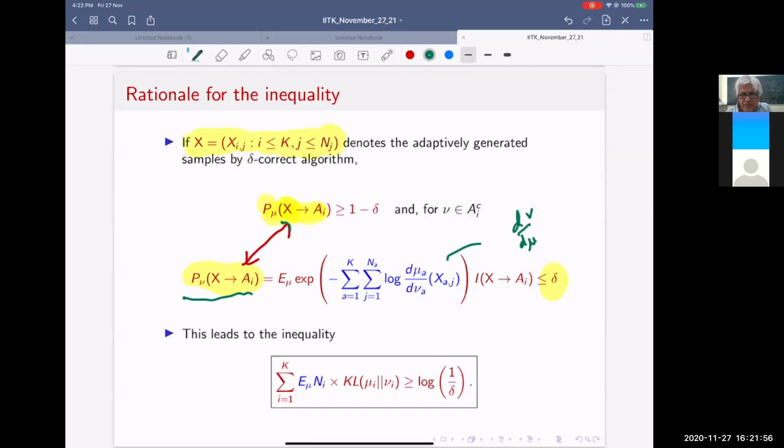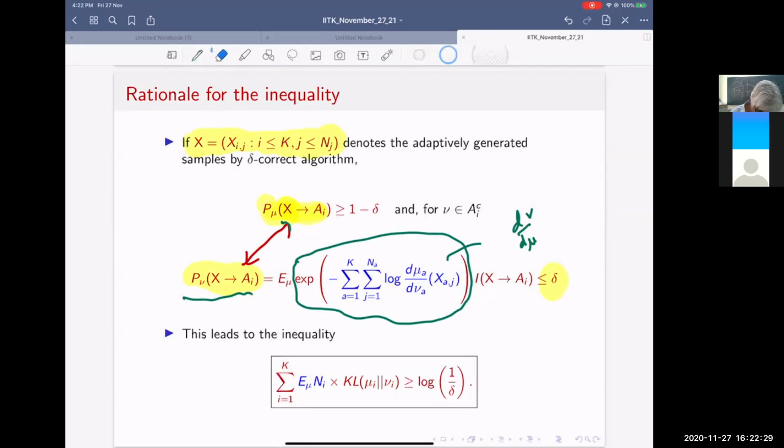For independent samples, that's just the product of the densities of the samples generated so far, and that's just this quantity right here. It's just a more complicated way of writing it. It's really d nu_a over d mu_a for each sample x_aj that I've seen, for each arm a from 1 to k, and number of samples j equal to 1 to n_a. So it's just the product of the densities, and the product of the densities allows me to go from one probability measure to the other.